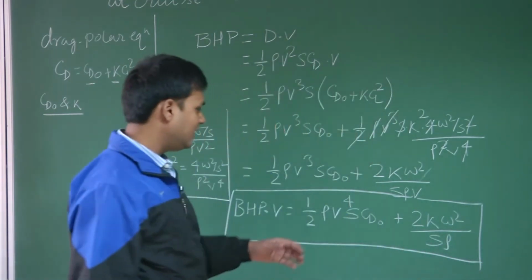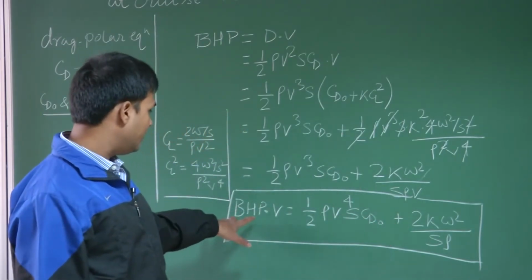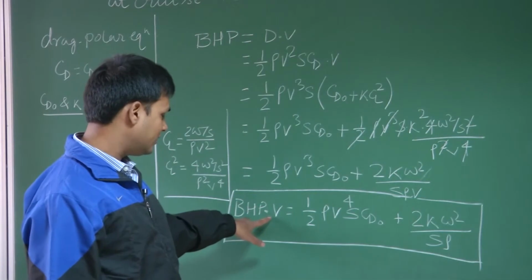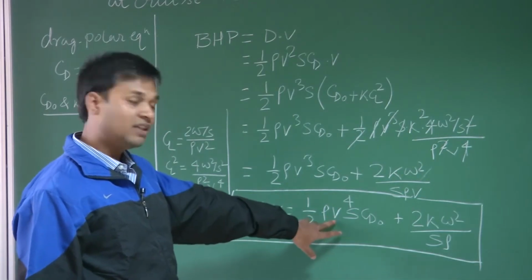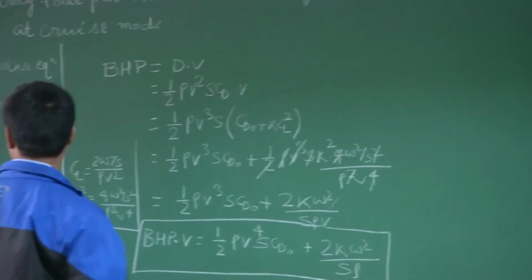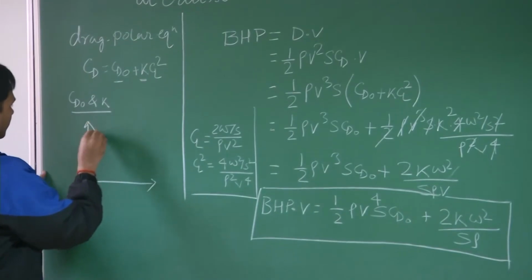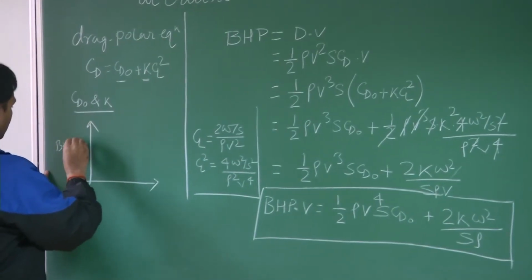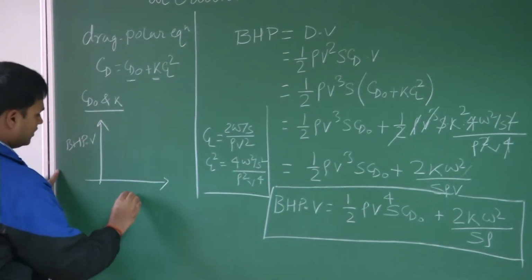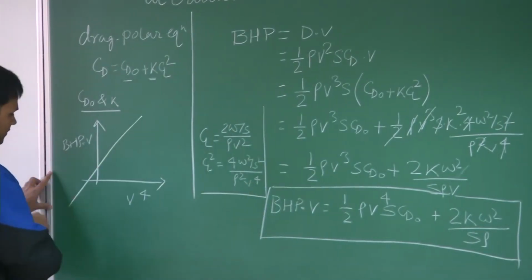So now you see CD naught and K both are appearing in this equation, and if you see this relation carefully, then BHP into V is linear with V to the power 4. So if you roughly see the curve, I'll make it here so that in future we can have the reference. If I put BHP into V versus V to the power 4, it is linear, so it will look like this.